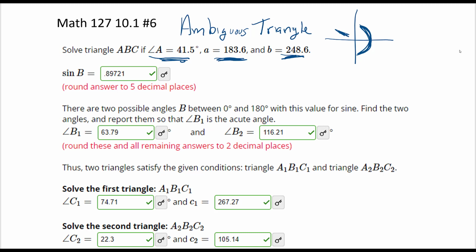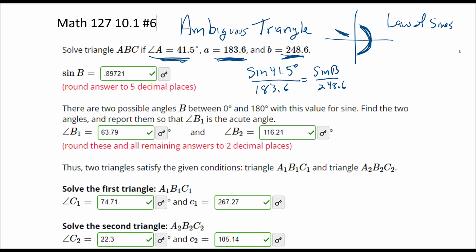So we start off by using law of sines. And then we're going to say, okay, sine of 41.5 degrees over 183.6 equals sine B over 248.6.